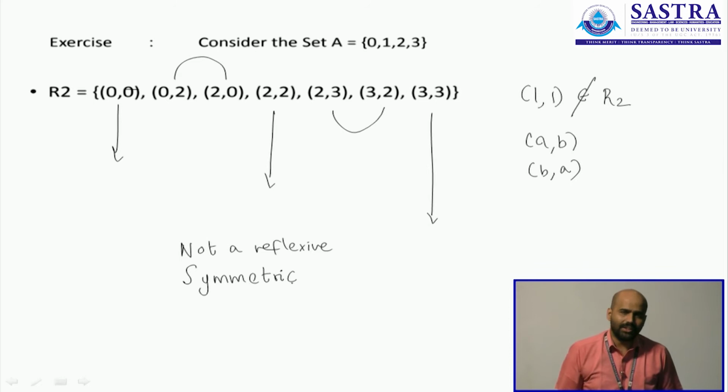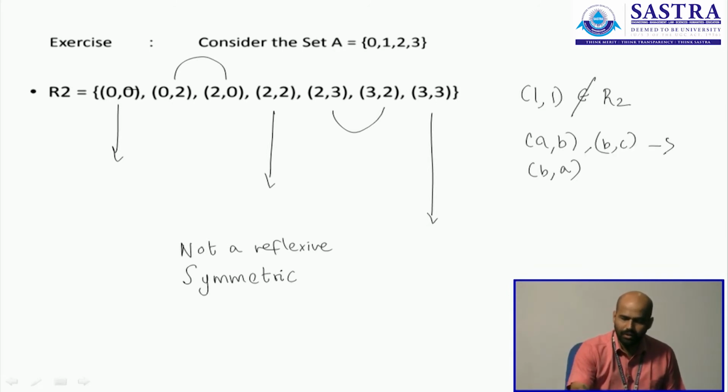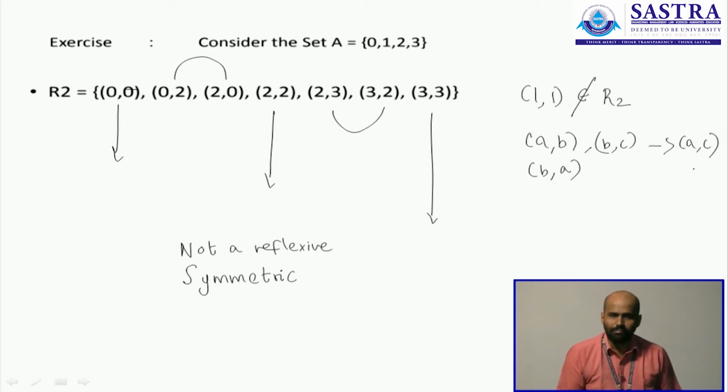Can you call it a transitive relation? The last type. Can we call this a transitive relation? You need the observation where AB and BC should imply the presence of AC. Do you have such an observation that you can make? If you can, then it gets called a transitive relation. However, you will see that that's not the case here.